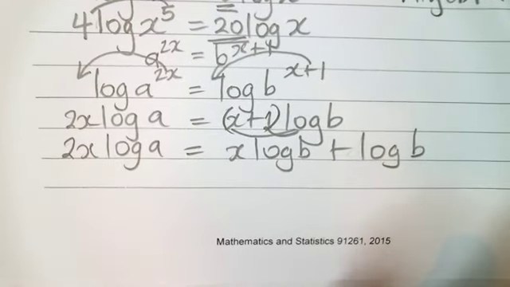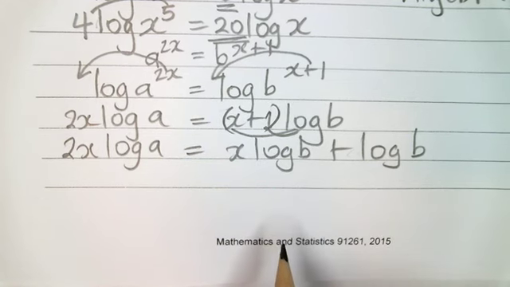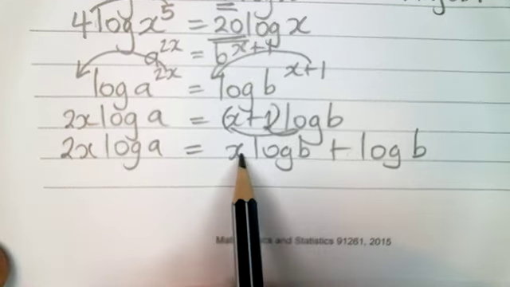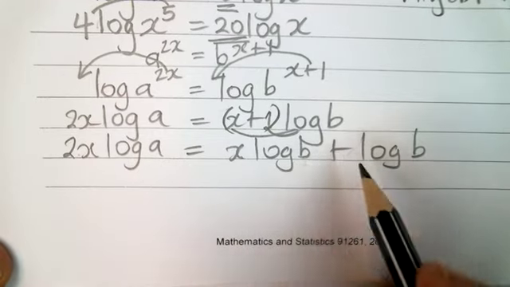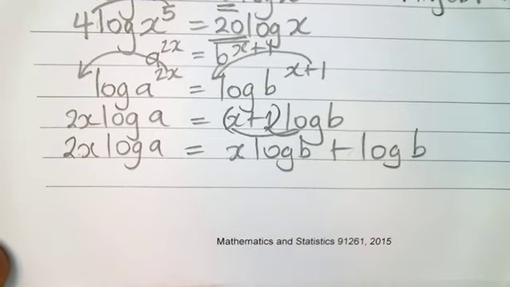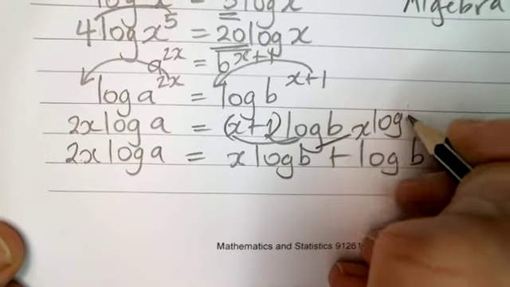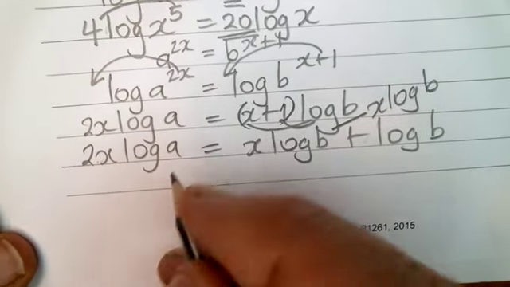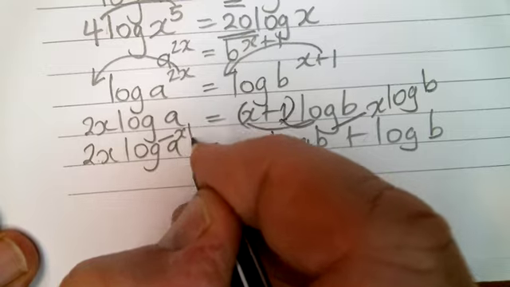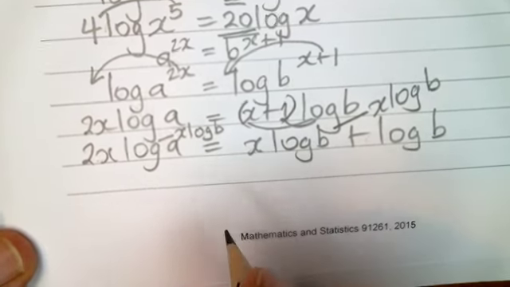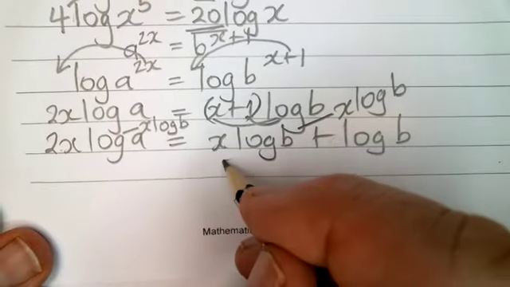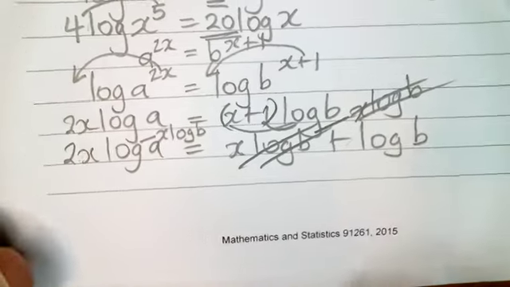Now, I can actually see a bit of a pattern here, something common. We've got an x here, we've got an x here. And if I was to subtract x log b from both sides, sorry about writing it like this, because I'm going to run out of room, you see. Subtract x log b. Hope you can see that all right. Then the x log b vanishes from this side.